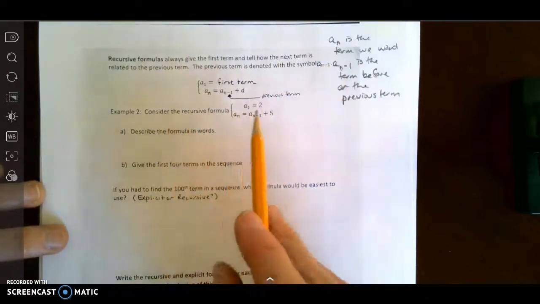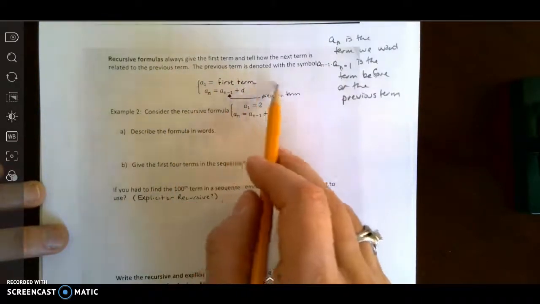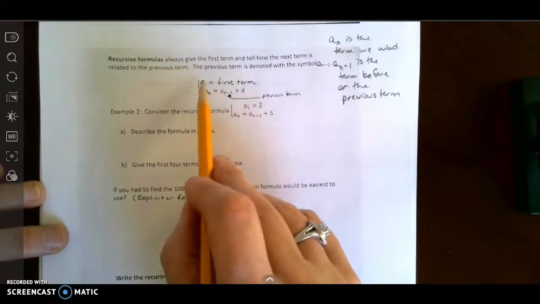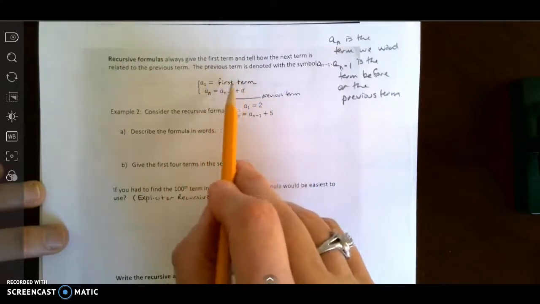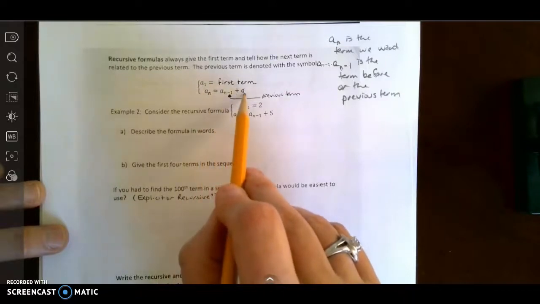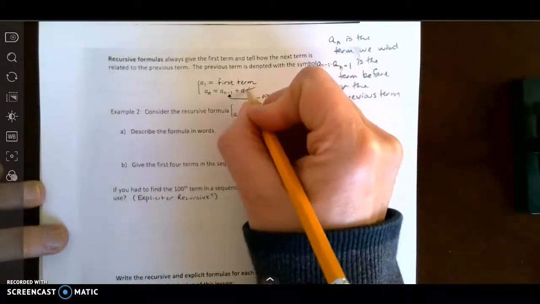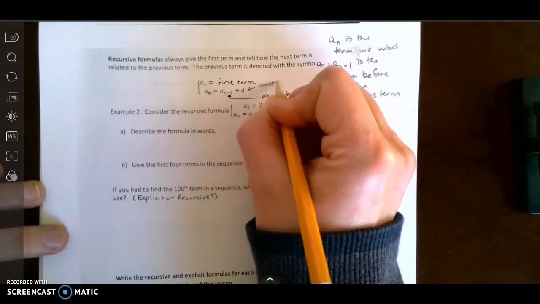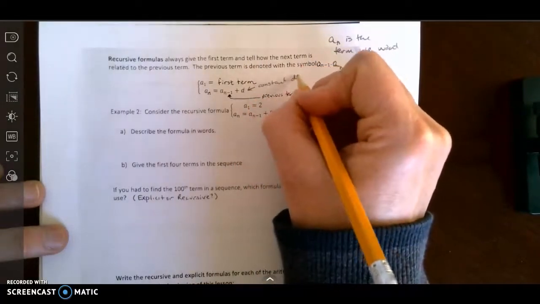So we're supposed to look at this. Well, let's first look at this general formula. A sub 1 is always the first term, and a sub n is the previous term plus whatever the constant difference is. D is the constant difference.